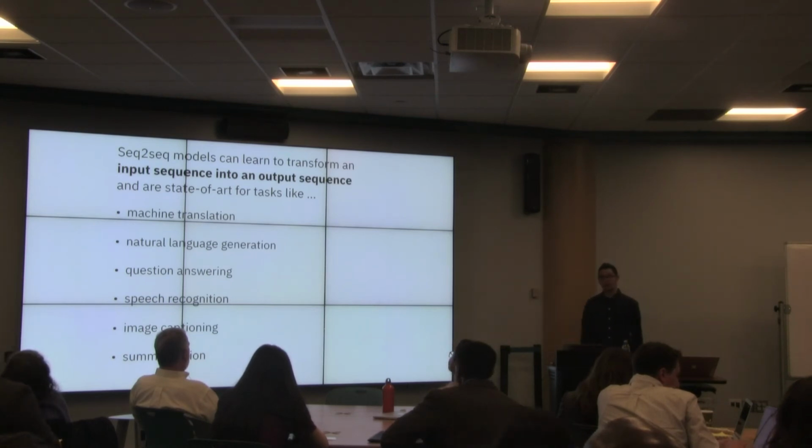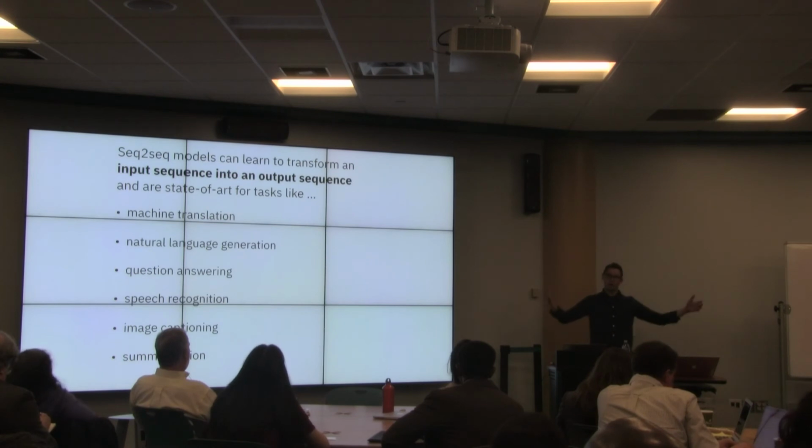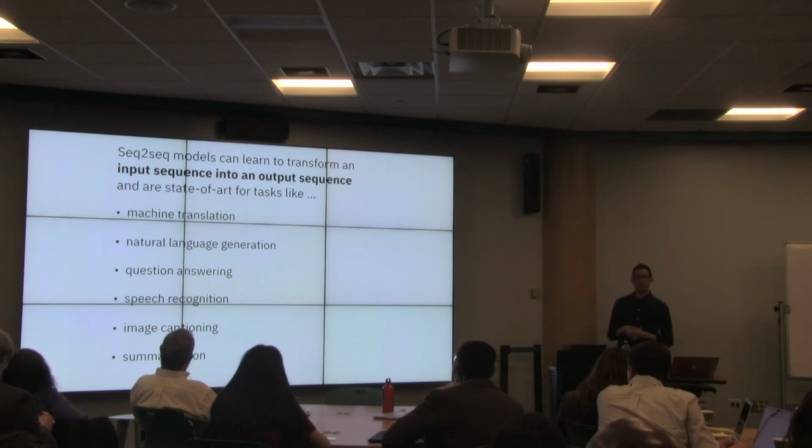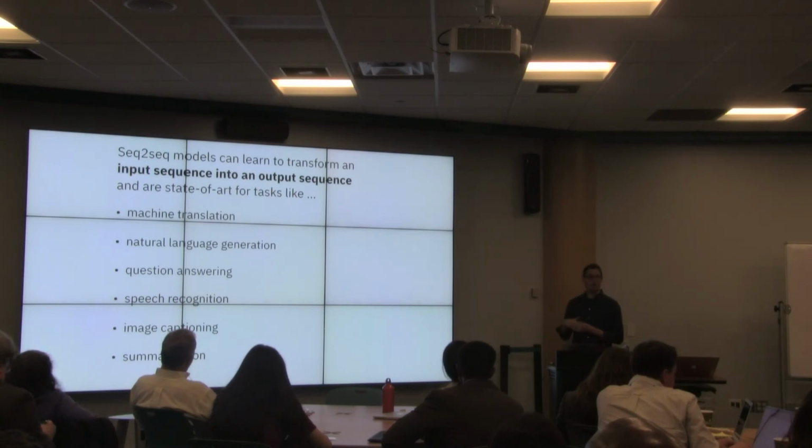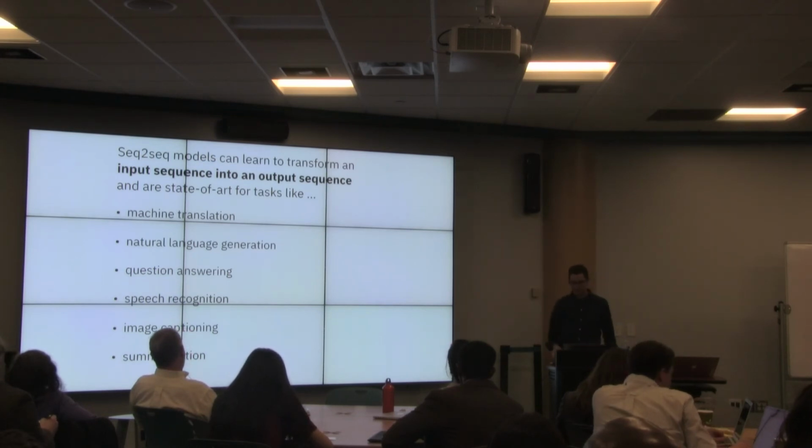If you're going from German to English, you don't need a one-to-one mapping of words; a long German sentence can become a short English sentence or vice versa. It also works well in image captioning. You can take an image, transform it into a sequence of pixels, and end up with a caption, a totally different type of output sequence. So it's popular in a lot of the applications I listed here today.